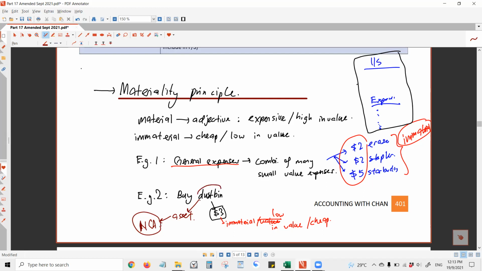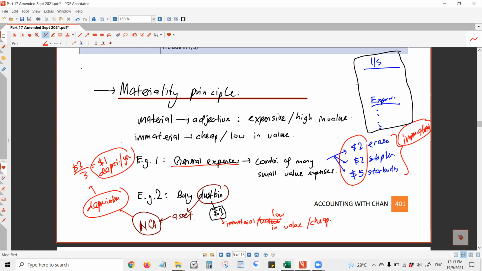But try to think, if you try to calculate depreciation for this dustbin, do you think the amount is very big? Of course not. You take $3, assume that you will use it for 3 years, divide by 3, $1 depreciation per year. Is it material?